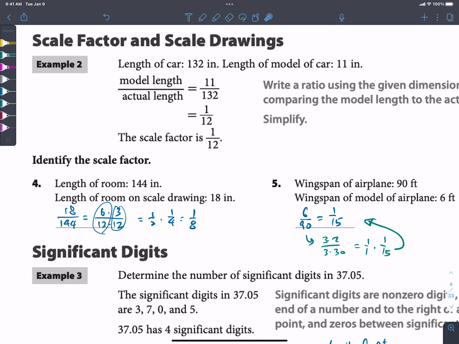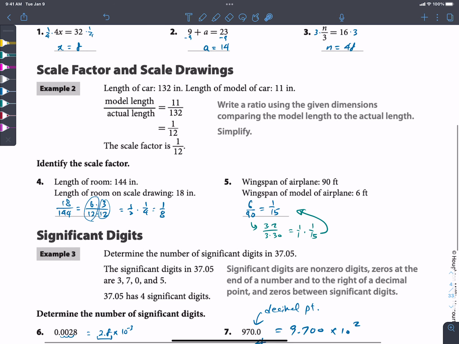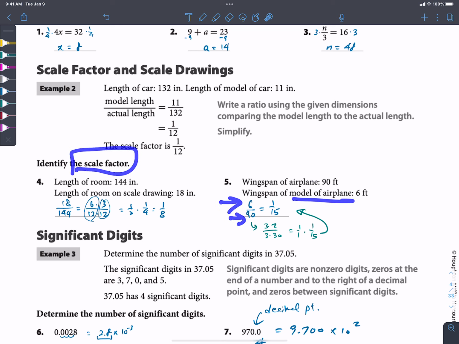In this particular case, if you see that 6 over 90 was 1/15 right away, that's great. We know that the original value goes in the denominator and the model goes in the numerator to find the scale factor. So the answer is 1/15.